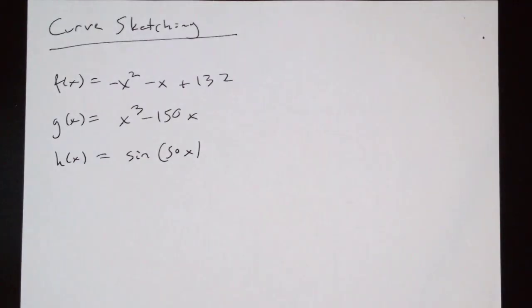So I need a systematic, deliberate, algorithmic, methodological way to trace out the steps I need to know where I should make my window to draw this picture. I can learn information from f prime, from f double prime.